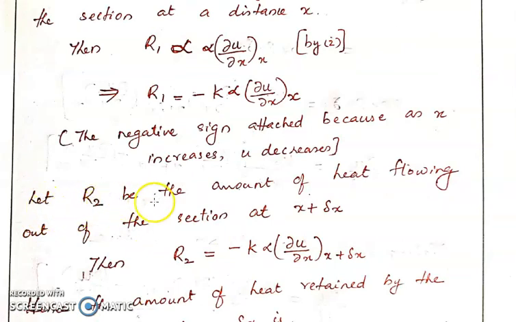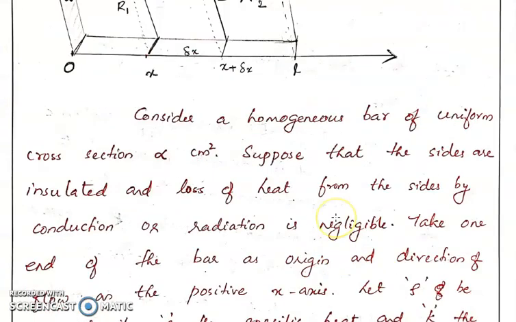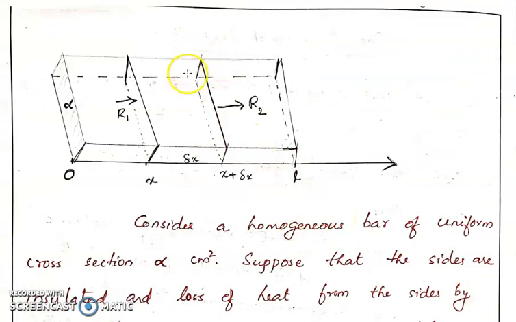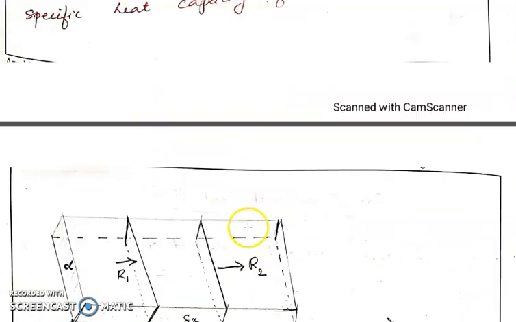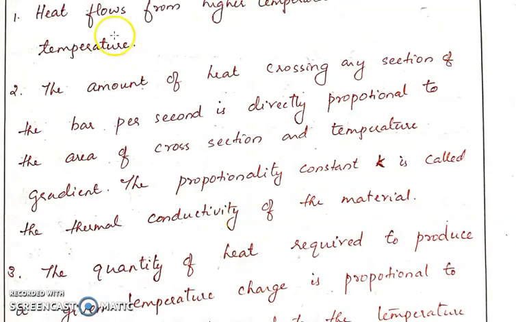Then let R2 be the amount of heat flowing out of the section at x plus delta x. We consider the section at x plus delta x, that is this section. Here also we consider the second law: the amount of heat crossing the section at x plus delta x is directly proportional to the area of cross section, that is alpha itself, and the temperature gradient, that is dou u by dou x at x plus delta x.